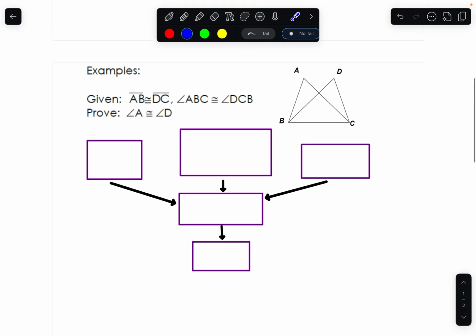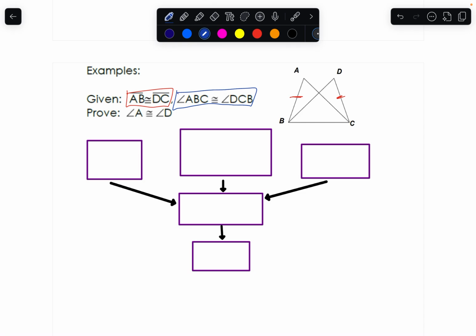So we take a look at this example, and I'm going to do this slowly and little by little. What is given over here? We say that AB is congruent to DC. Checked. What else do we have? We have that angle ABC, which is this whole thing, is congruent to angle DCB.